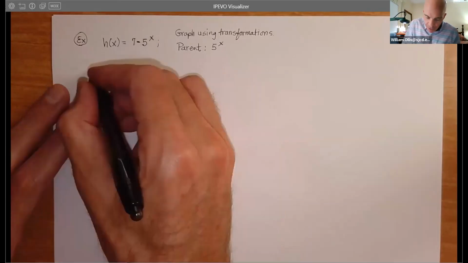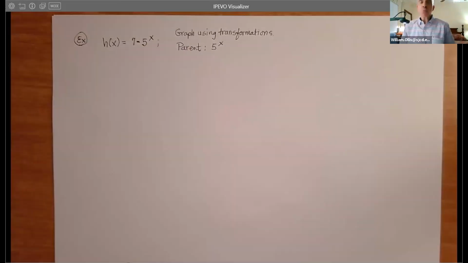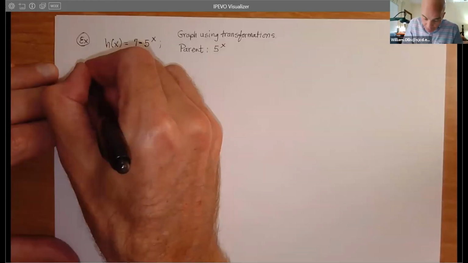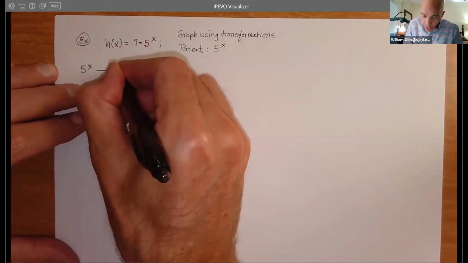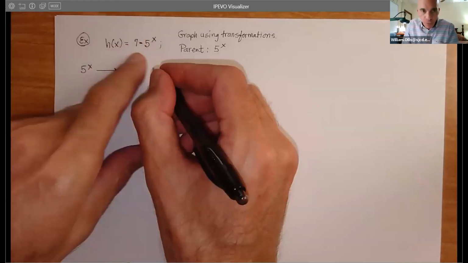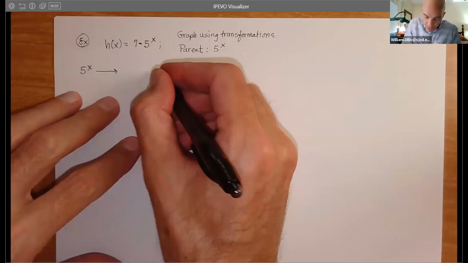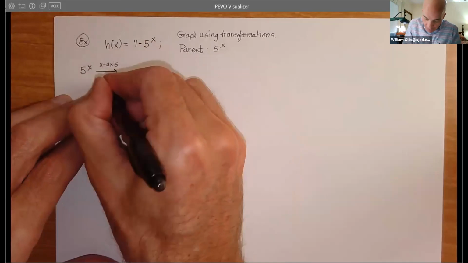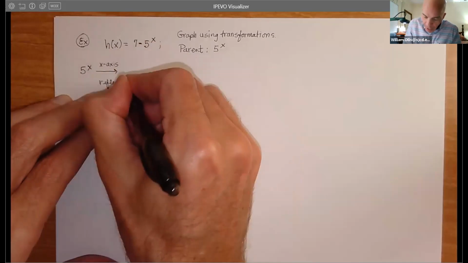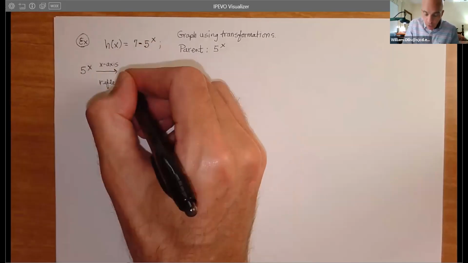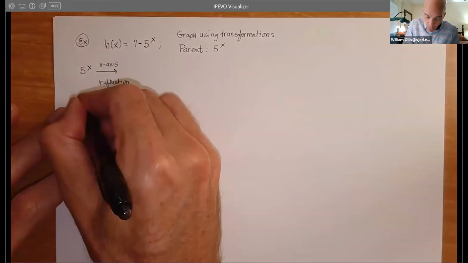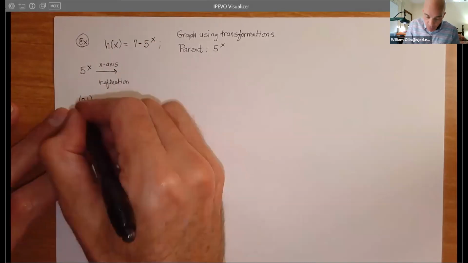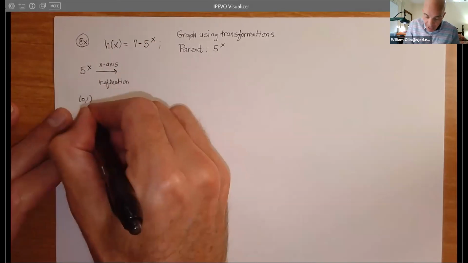So when we look at this, what we first want to do is write the parent function and then just create h of x. So we can see now if we apply the negative, this will be an x-axis reflection. And we're thinking, what objects do we have on the parent function? Well, we've got the coordinate pair, which identifies the y-intercept, and we have the x-axis.